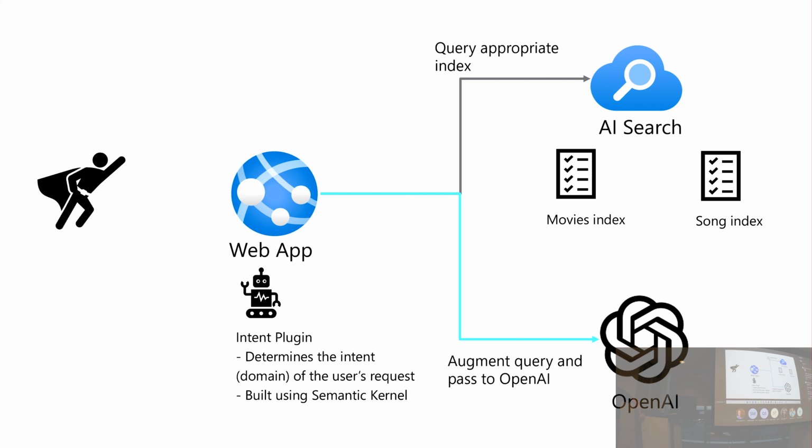And so you can implement this idea of the intent plugin, where when a user's question comes in, figure out the domain of that question so that you can hit the appropriate index. So instead of me implementing a combo box or asking the user, what is the domain of your question, have AI figure it out based on the question that came in and based on the sources of data that the system knows about. So this is a very, very simple orchestration that you can implement.